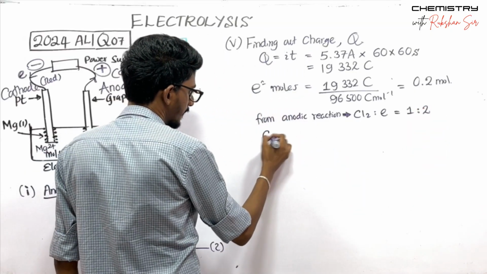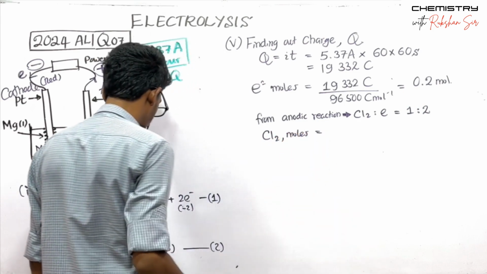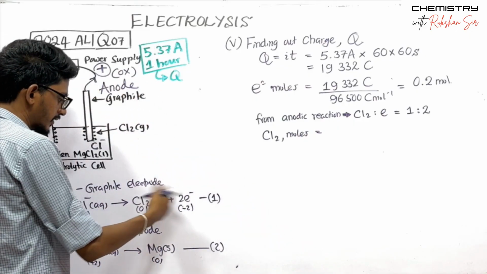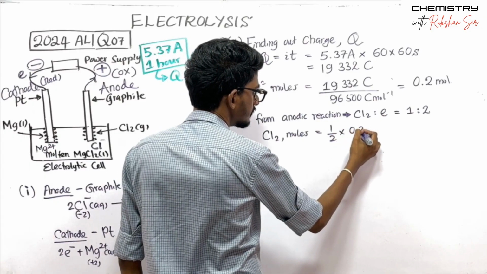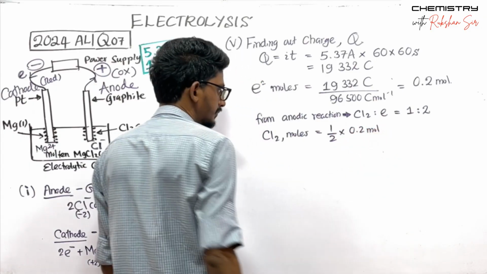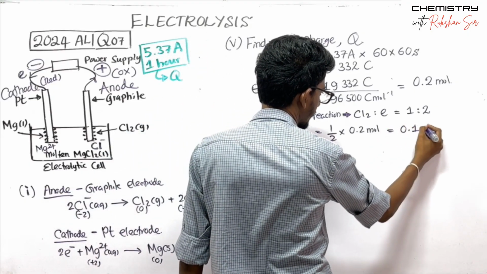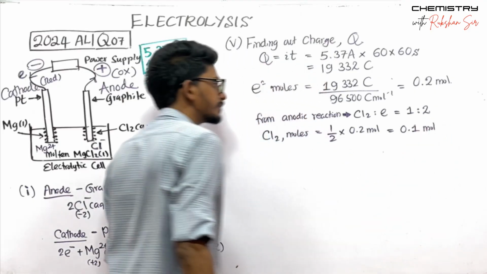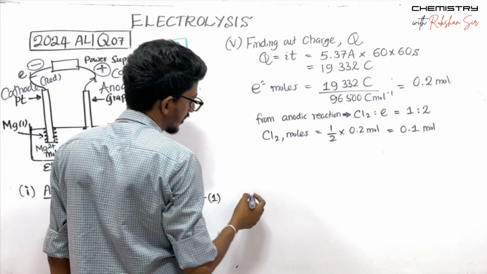So chlorine moles are equal to half the amount of electron moles. That means 0.1 moles. So now we can use the ideal gas equation to come up with the volume of Cl2.